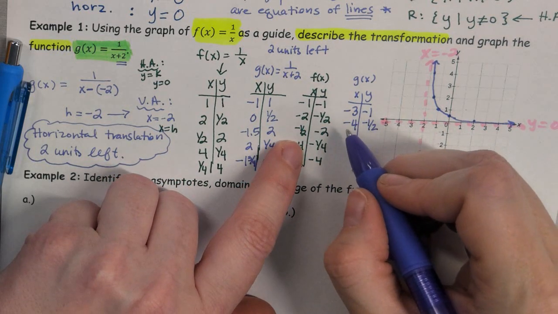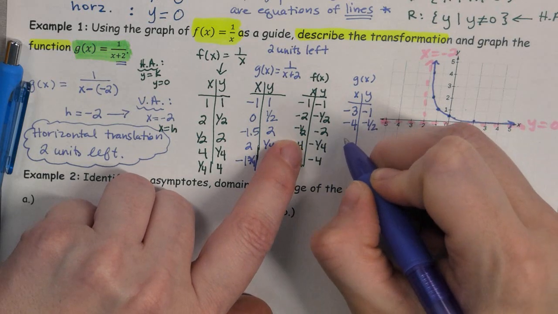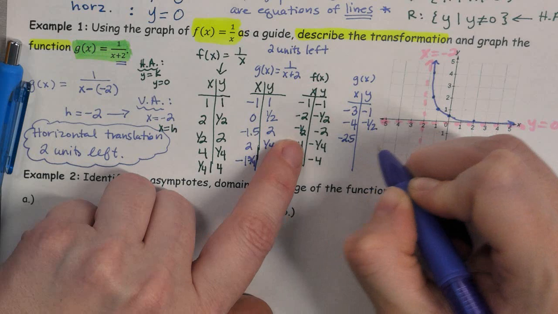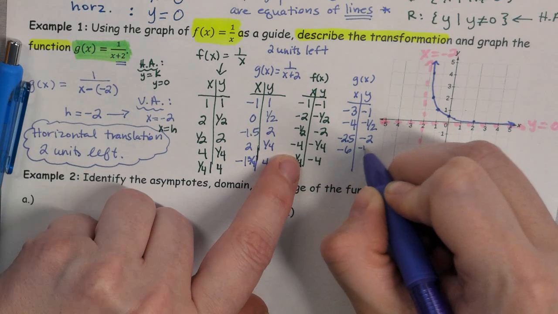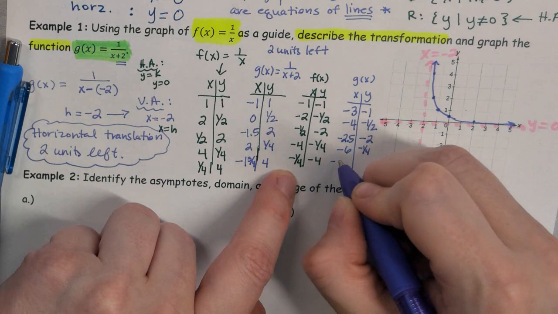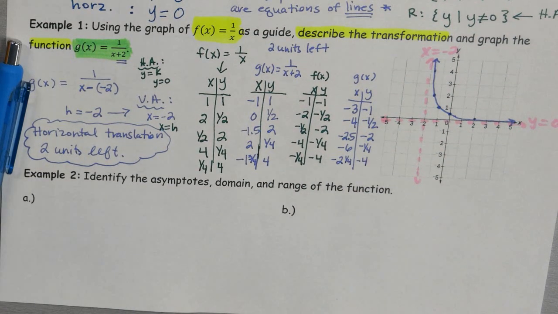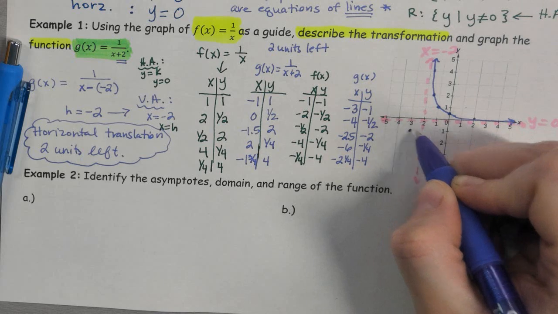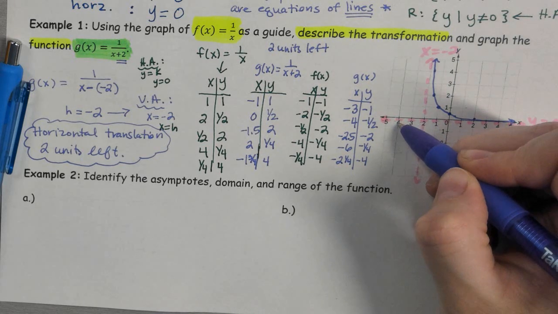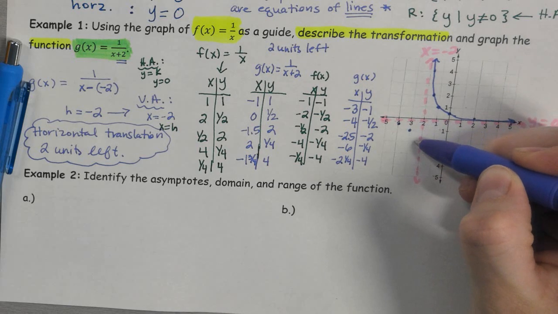The only thing that's being affected is your x's. So negative 1/2 minus 2 is negative 2.5. This minus 2 will be negative 6. And negative 1/4 minus 2 is negative 2.25. And that's going to create our other branch. So negative 3, 1, negative 4, 1/2, negative 2.5, 2.